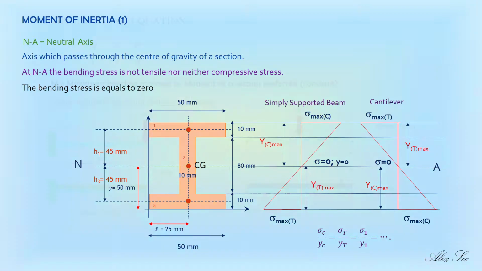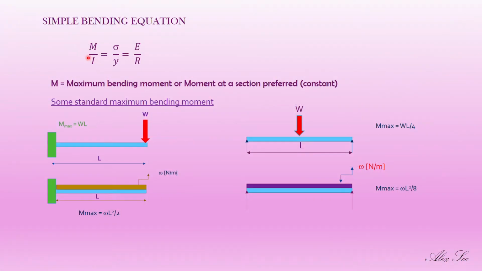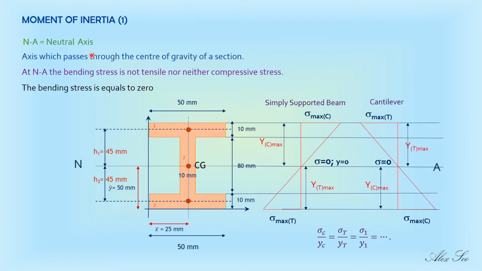So when we look into that formula, we need to know how to find the I. For example, if it is given as an I section, you must know how to find the moment of inertia of an I section beam like that. What you usually have to do is split it up into 3 sections, 1, 2, and 3.